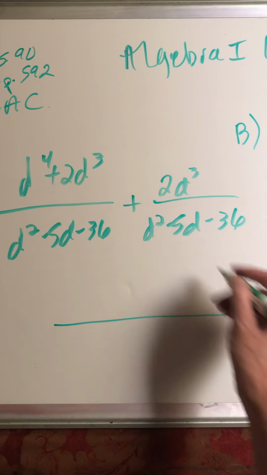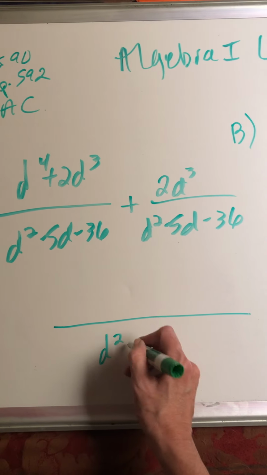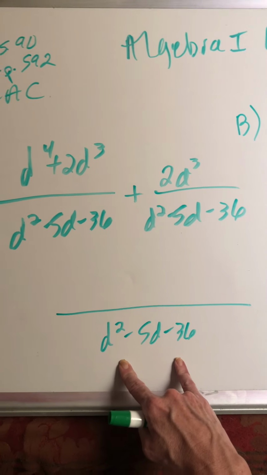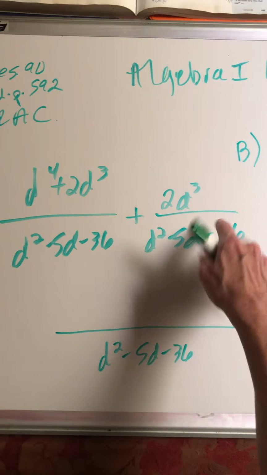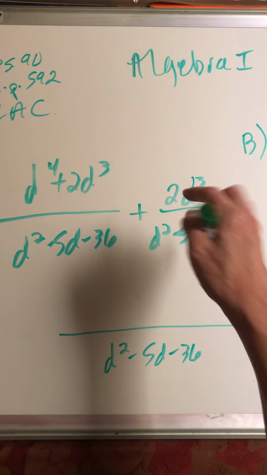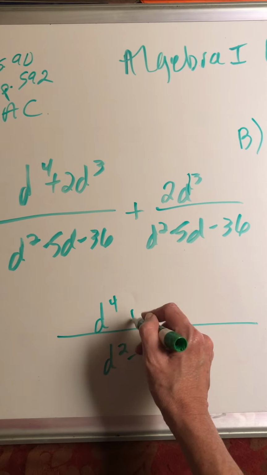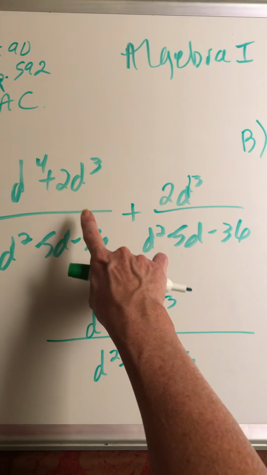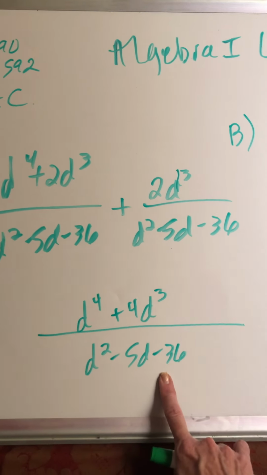So again, we've got a common denominator, so I'm going to go ahead and write it down here. D squared minus 5d minus 36, and then combine like terms in the numerator, which you've got a 2d cubed and a 2d cubed, so it'd be d to the fourth plus 4d cubed. Combining those like terms, 2d cubed plus 2d cubed.